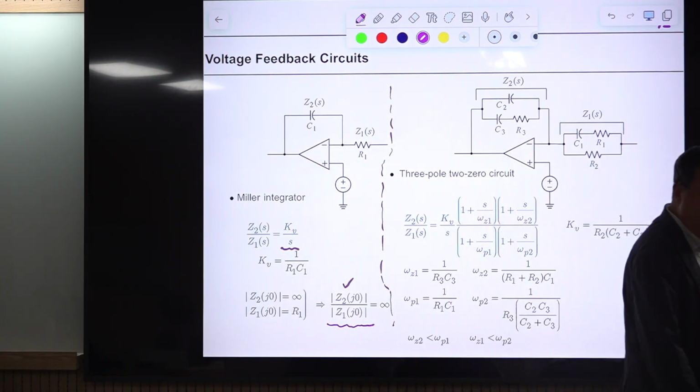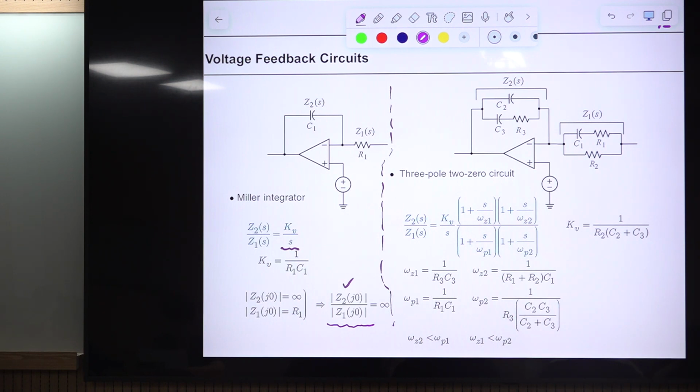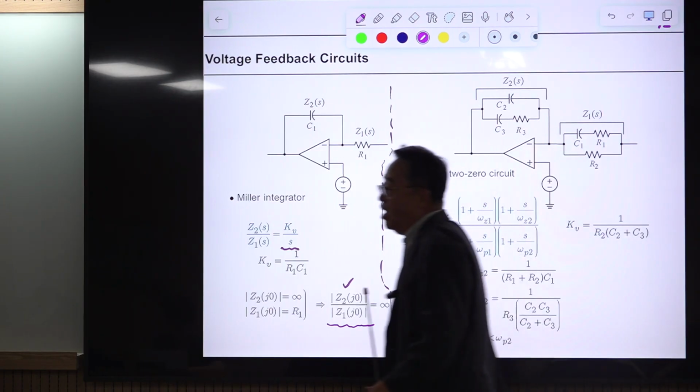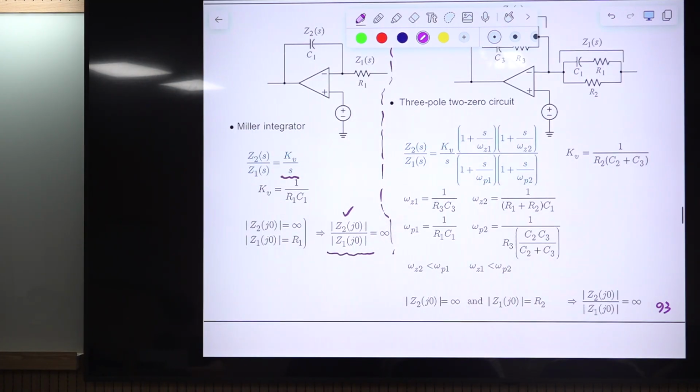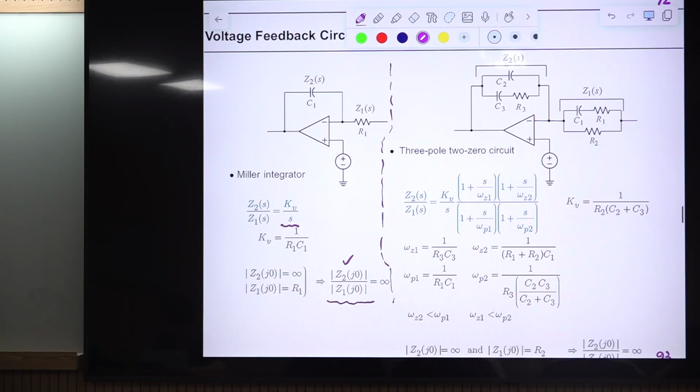I mentioned this in topic 2. When talking about the feedback control of the buck converter, we use this structure, and with the same knowledge, you can write down this equation easily. Of course this also meets this condition, because you have this capacitor.